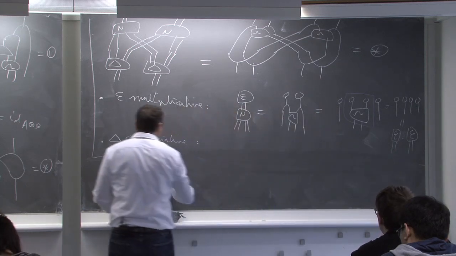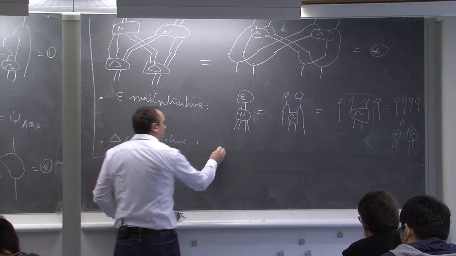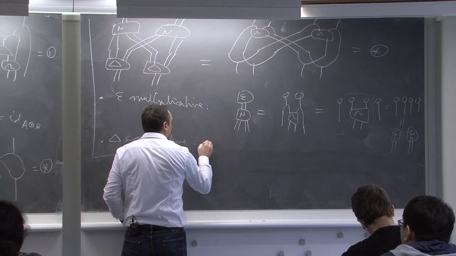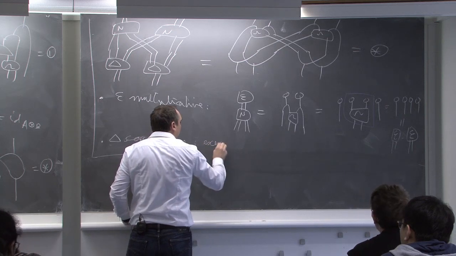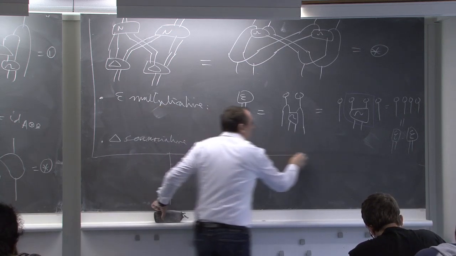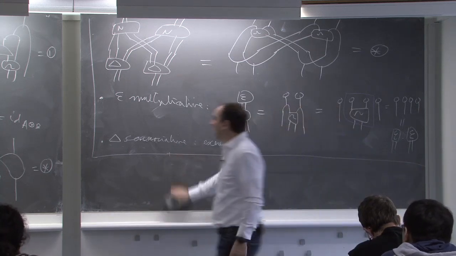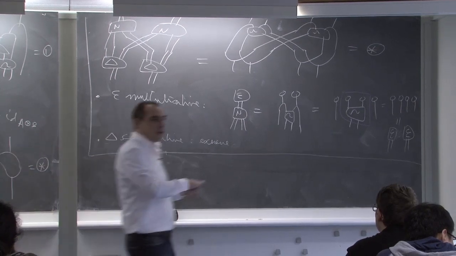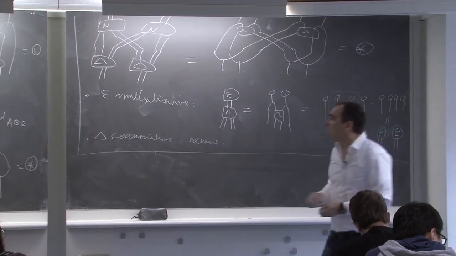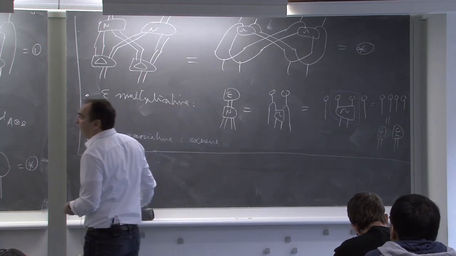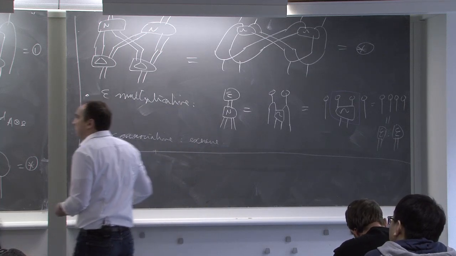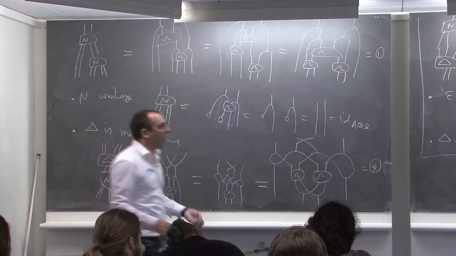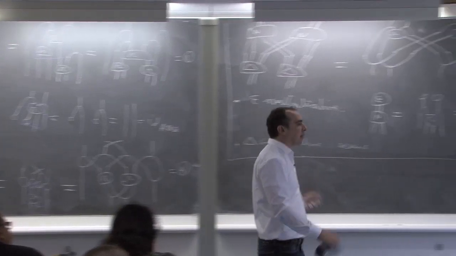But we already used this fact, actually. I leave it as an exercise. The coproduct does not involve the distributive law, so it's very easy to verify that. Okay, so now we have a way to produce a new bialgebra if you have a distributive law.